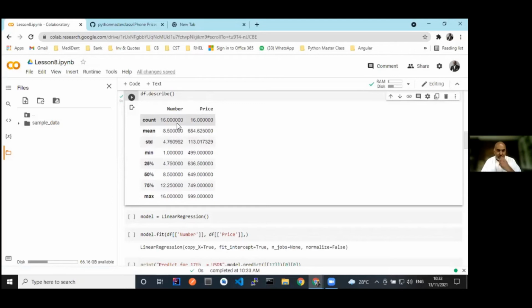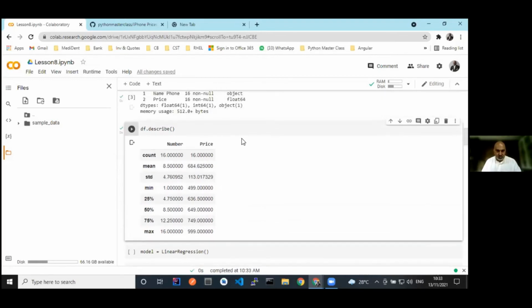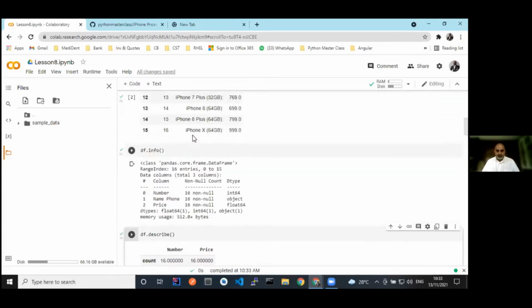So we can see that our data set is very good, because it's an equal number, and we cannot have situations where it's empty or null. This will cause a problem. We have a mean value, which in this case doesn't really mean much, but this is just additional information, looking at the mean, the standard deviation, and so on. So we have a good data set.